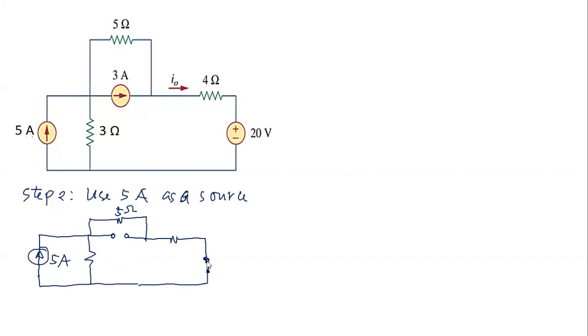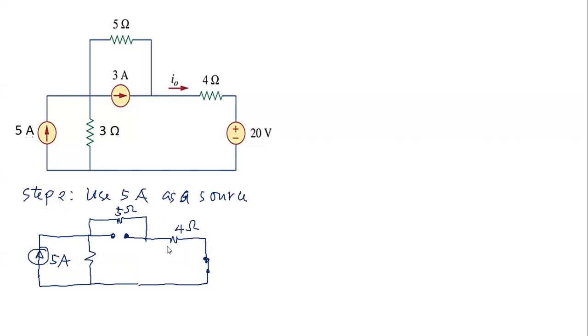Recall that the voltage across a short circuit is 0, and the current through an open circuit is 0. Again, to set a current source to 0, we replace it by an open circuit, while to set a voltage source to 0, we replace it by a short circuit.